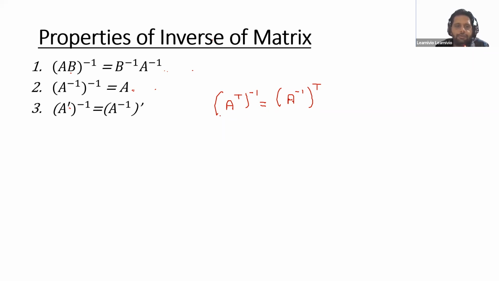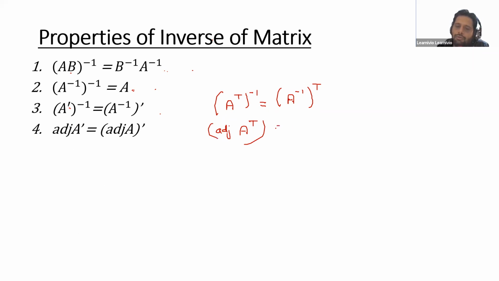Okay, so (A transpose) inverse is equal to (A inverse) transpose. I hope this property is also clear. Now the fourth property: if you are finding the adjoint of the transpose of a matrix, so you have a matrix, you find the transpose of this, then you find the adjoint.